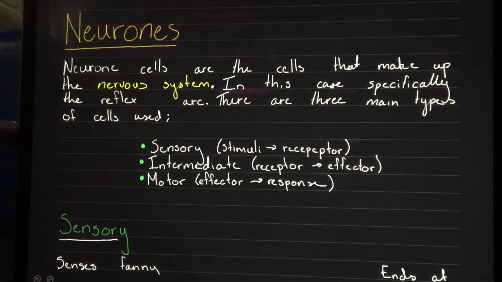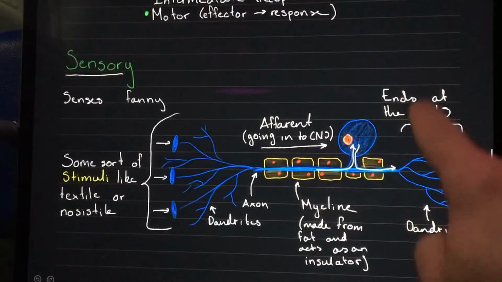Sensory neurons relay the stimuli that cause a receptor cell to send a message to the intermediate neuron, which catches the receptor's message and sends a command message, so to speak, to the effector. The motor neuron takes this message from the intermediate neuron to the effector and causes the effector to create a response. So, let's cover them.